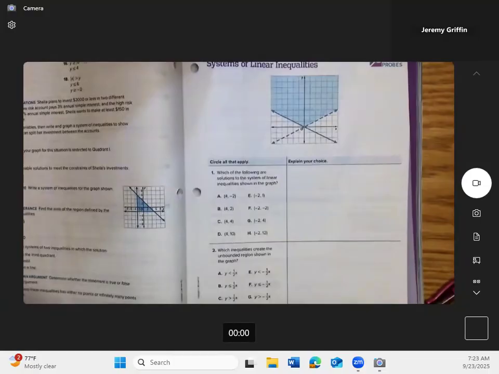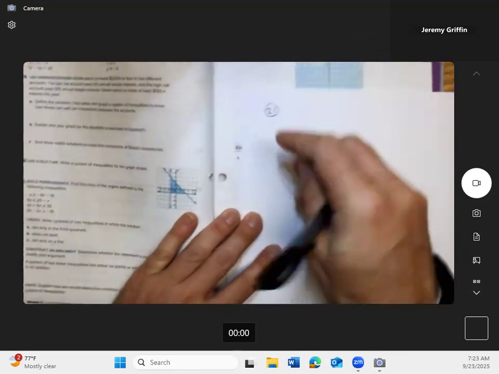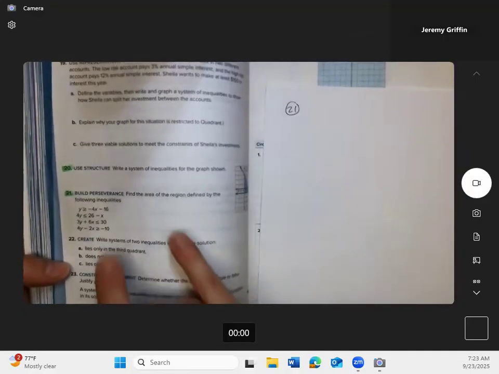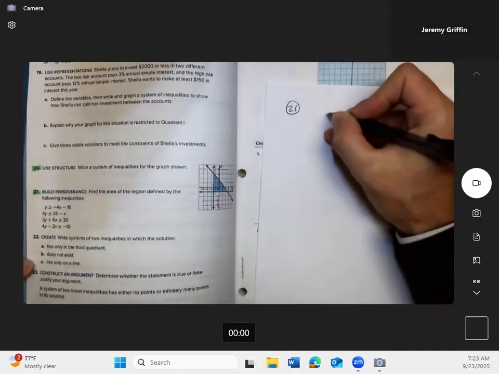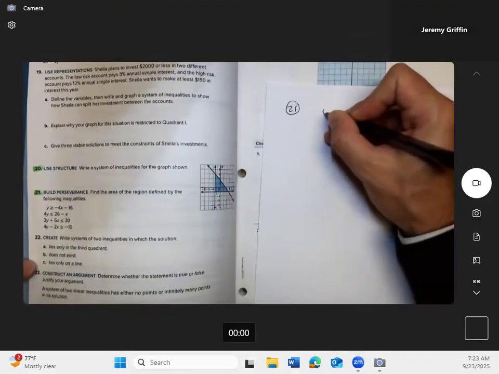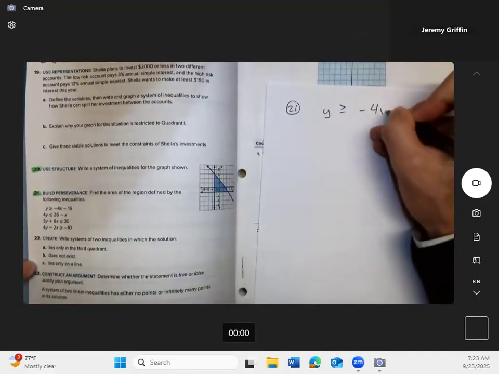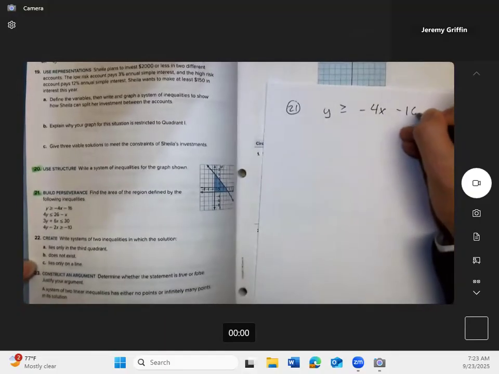All right, last one, number 21. This is a good challenge question. It says find the area of the region defined by the following inequalities. They give us four inequalities. We got y is greater than or equal to -4x minus 16.